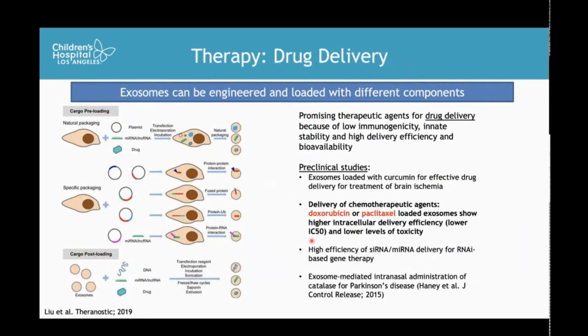Lastly, another potential application of EVs in therapy is drug delivery. This is because they pretty much look like nanoparticles, but they're a natural alternative to nanoparticles, and they're promising because of their low immunogenicity, their high stability, and also the high delivery efficiency and bioavailability.